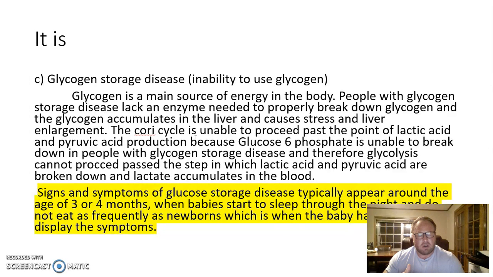So the end result is a buildup of lactic acid and pyruvic acid, because the metabolic process cannot proceed further into glycolysis, and so it ends there, and then those build up in the blood ultimately.